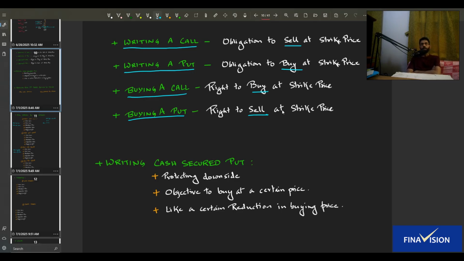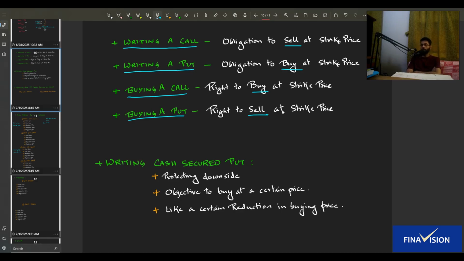Similarly, writing a call might be earning a premium and thinking that the stock price will not move upwards beyond the strike price. And second, we are selling the stock at a certain price and are obligated to sell at that price, but along with the price we have an added income of the premium. So this is basically the approximate objective of writing puts and calls.